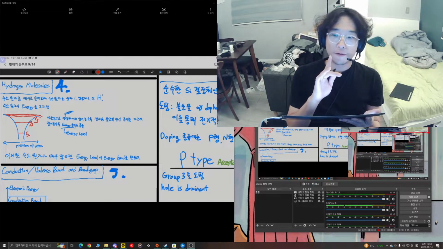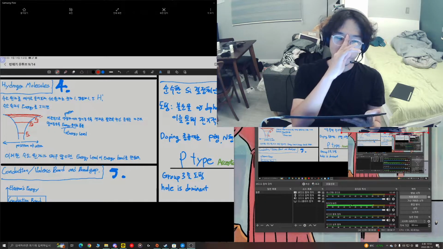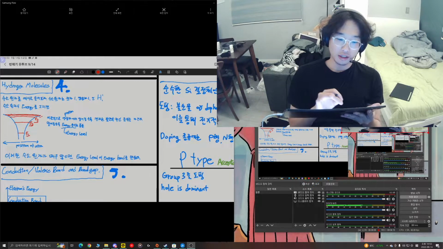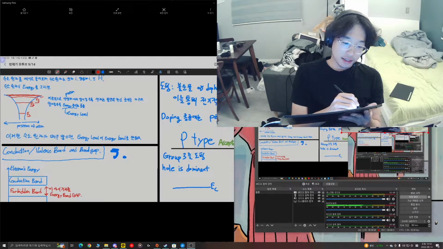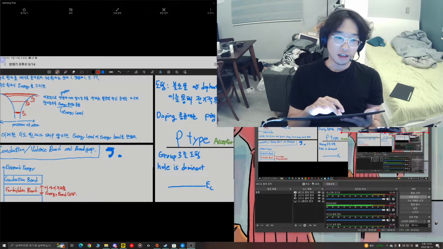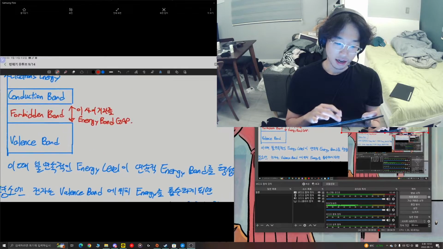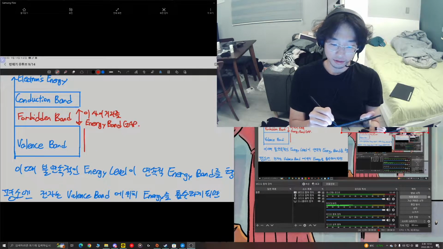But if we have a lot of hydrogen molecules, then this energy orbit can be seen as a continuous band, one each band, like this.